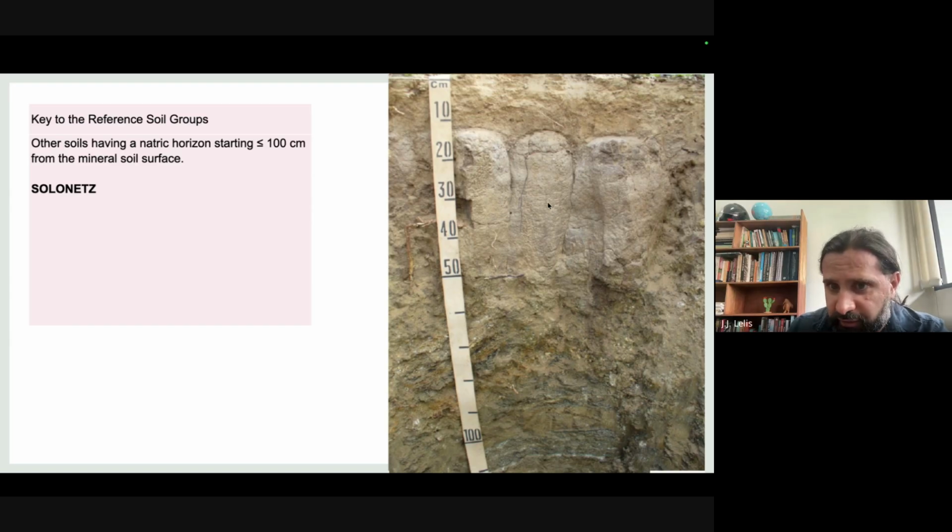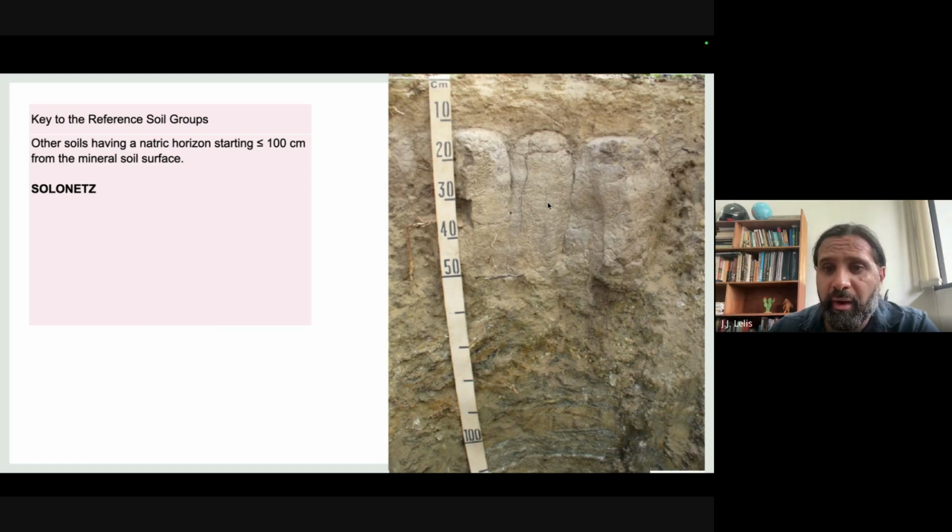As you can see here, these structures are connected to intense migration from the surface to the subsurface horizon because of the concentration of salts, especially sodium at the surface. The sodium chemically disperses the aggregates and induces an intense migration of clay that enriches the clay at the subsurface horizon and creates what we call natric.